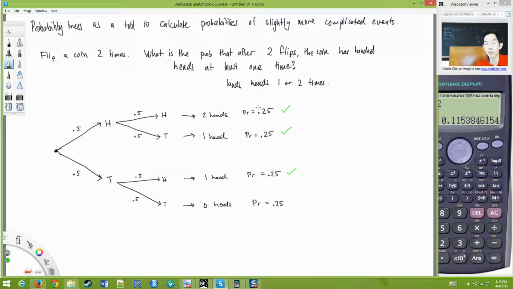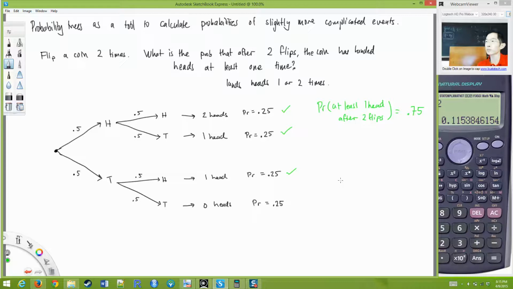I just add these up because they're mutually exclusive, so I don't have to worry about overlap. So the probability of at least one head after 2 flips is equal to 0.75.